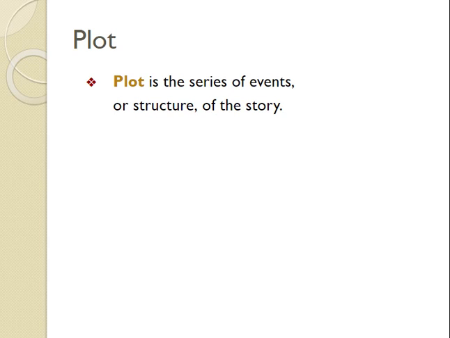It might have flashbacks and so on, in which case the structure may actually be more complex than the plot. But generally speaking, especially with simple plots, the sequence of events is what structures the story. So that's the plot. And that's usually the answer to the question, what happened in that story?